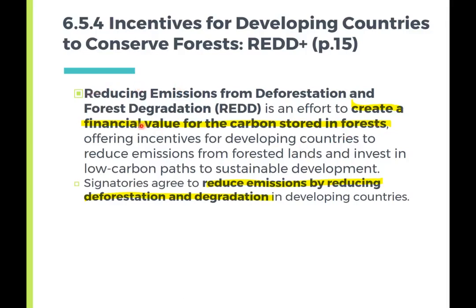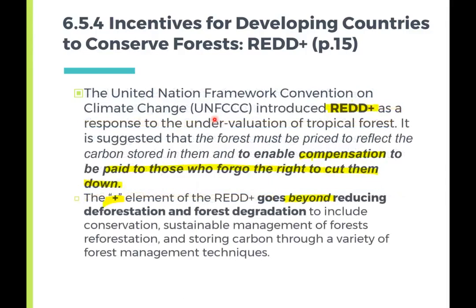And in so doing, they want to provide financial incentives for developing countries to reduce emissions by reducing deforestation and degradation. Okay, and therefore, Red stands for reducing emissions from deforestation and forest degradation. So, meaning that they want to encourage developing countries to reduce their carbon dioxide emissions by reducing deforestation and forest degradation.